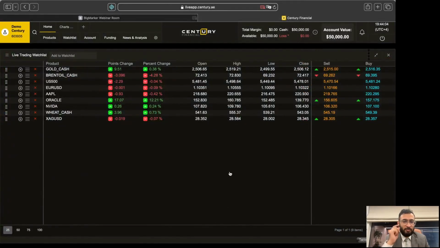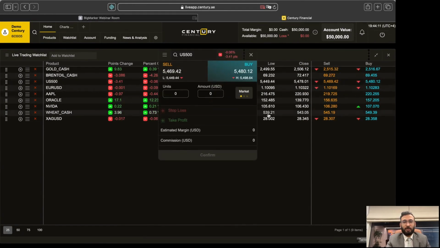Now, going back to the platform, this is gold, oil, and then there is an index called S&P 500, US 500. An index gives you an aggregate performance of the market. So when I say US 500, please remember this: US stands for the country whose market you're investing in, and 500 indicates the number of companies in that index.